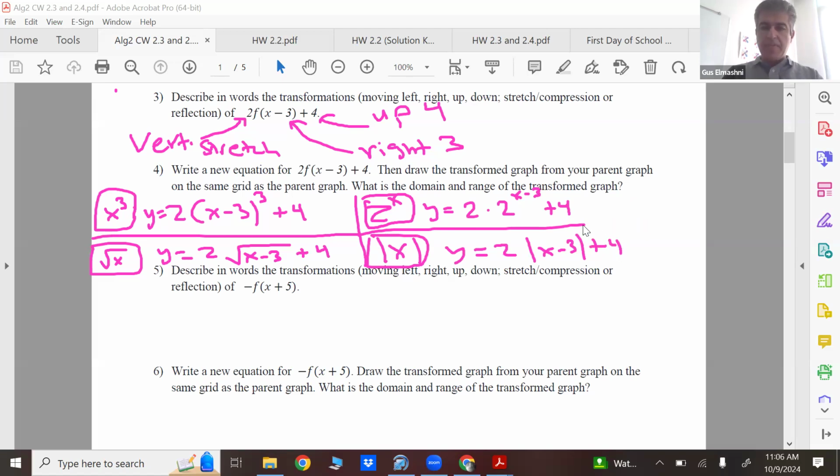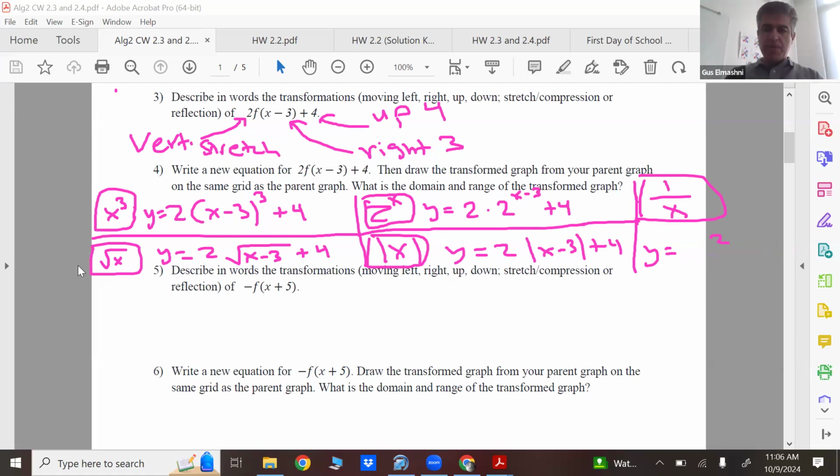And lastly, for absolute value, there's no exponents for absolute value. And then 1 over x, it's going to look like this: y equals 2 up top, over x minus 3, plus 4. Oh, geez, that is so hard to read.